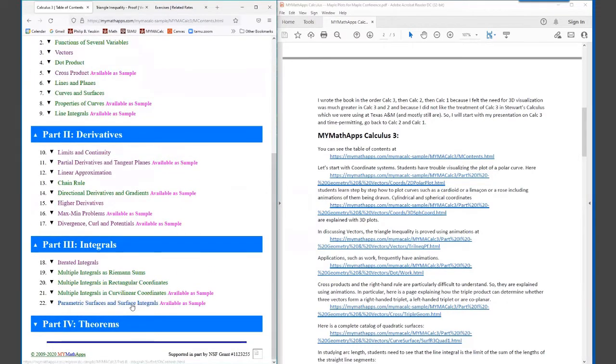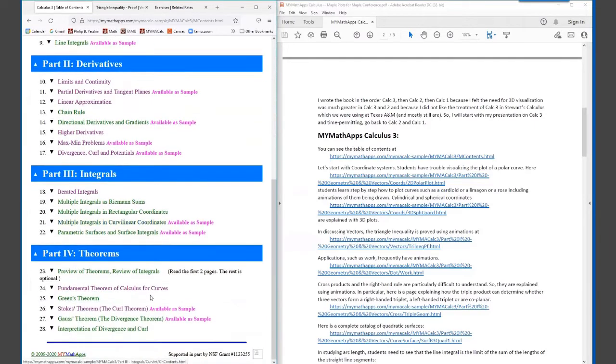After that comes parametric surfaces and surface integrals. Finally, the 4th part of the book is the 4 theorems of vector calculus: fundamental theorem of calculus, Green's theorem, Stokes' theorem, and Gauss's theorem.